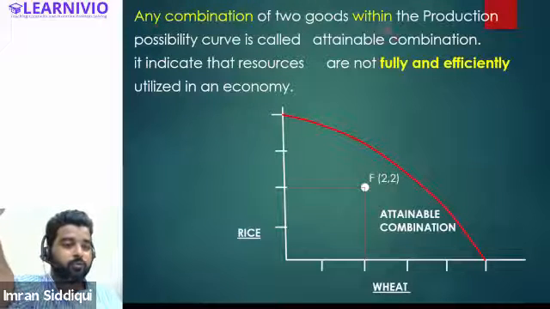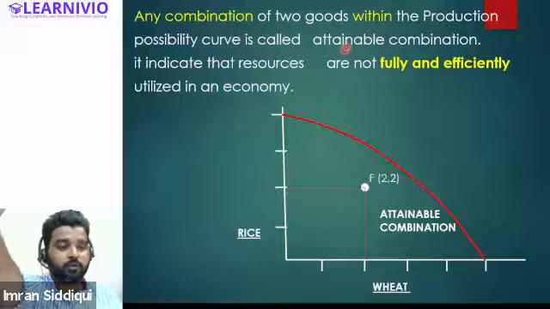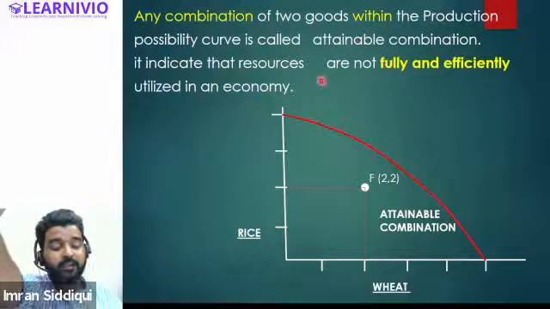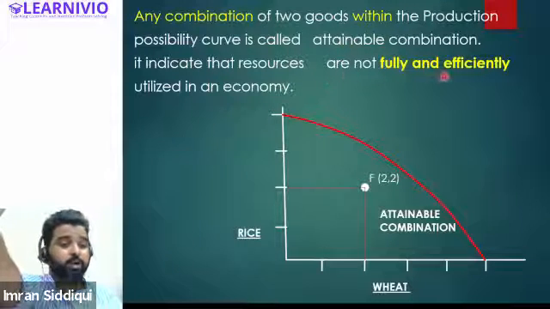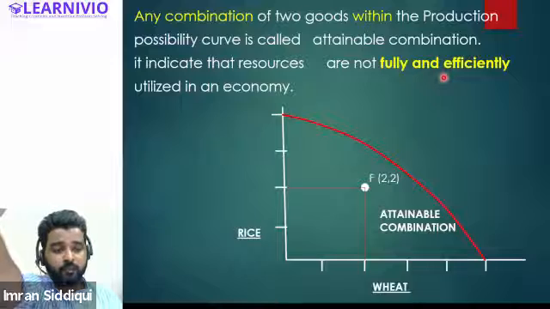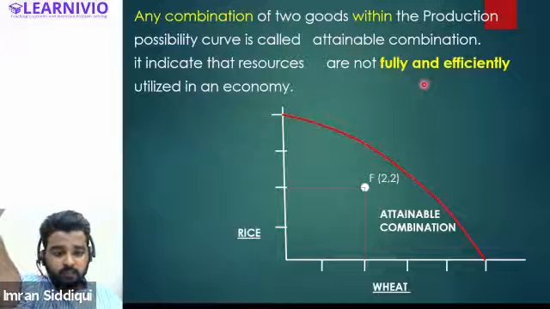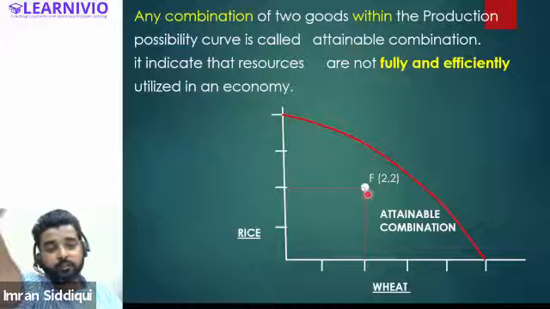Any combination of two goods within the production possibility curve is called an attainable combination. It indicates that resources are not fully and efficiently utilized. Any combination that is falling within the PPC indicates that the producer is not using the resources efficiently. You know why?